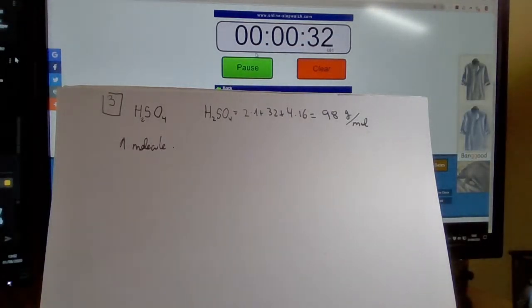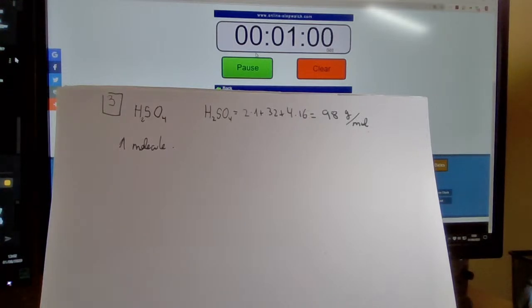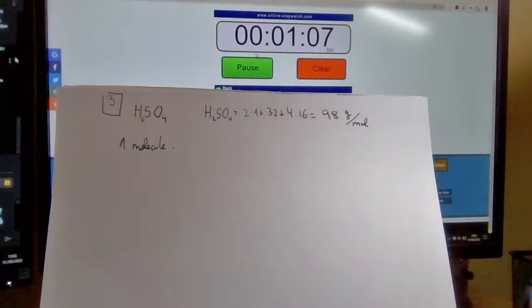Okay, so what do we do with one molecule? We need to learn how much it weighs. What is its mass? Come on, Vanessa, Cristina, let's go. We are in molecule. We want to calculate the mass in grams of one molecule.